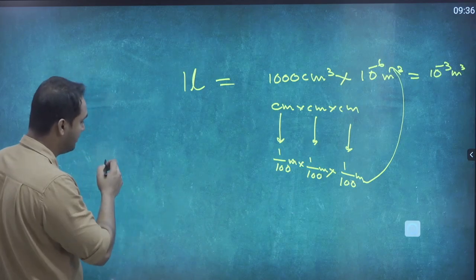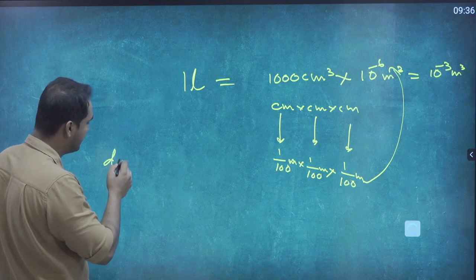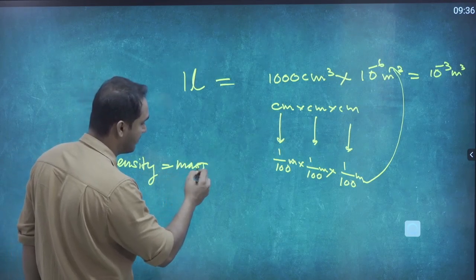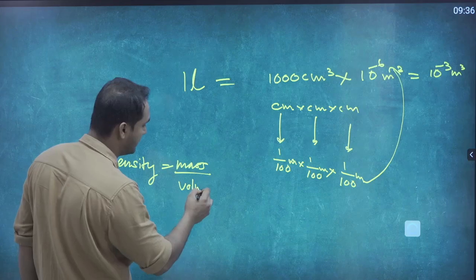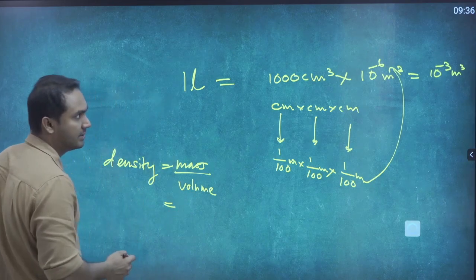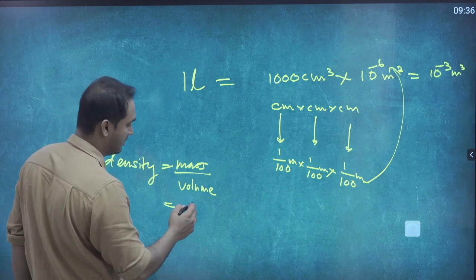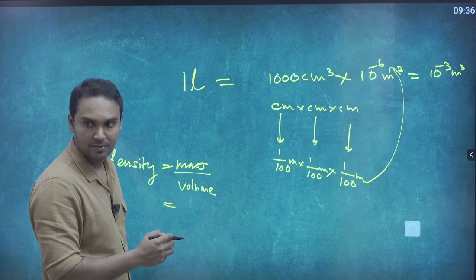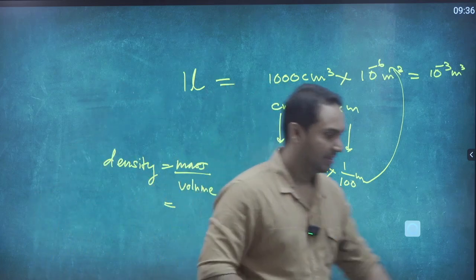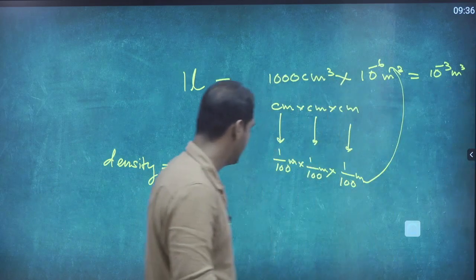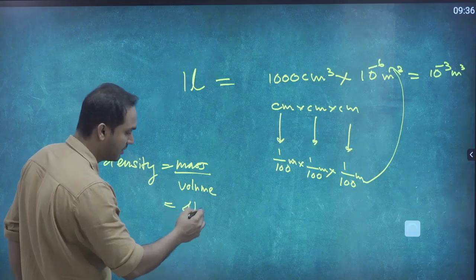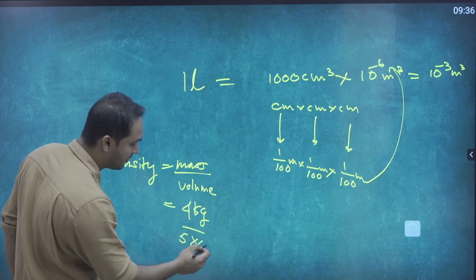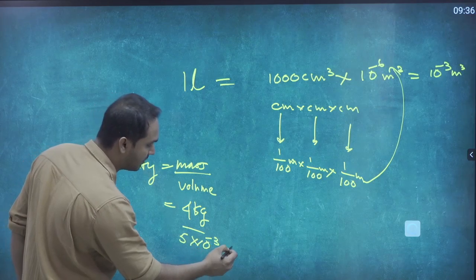So the density equals mass over volume. The mass is 4 kilograms in 5 liters, which means 5 into 10 to the power minus 3 cubic meters.